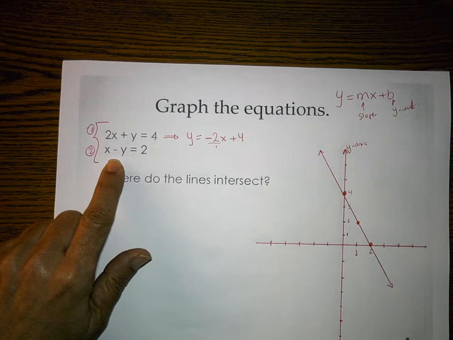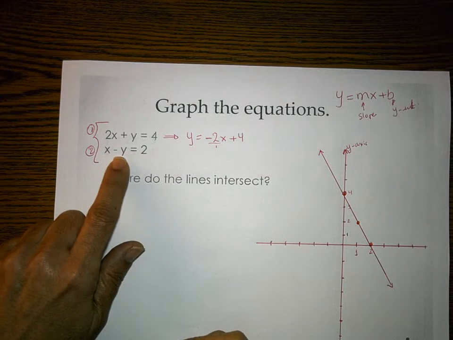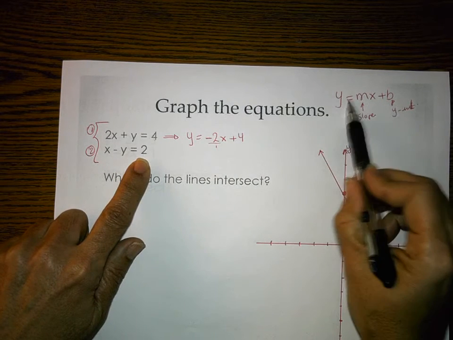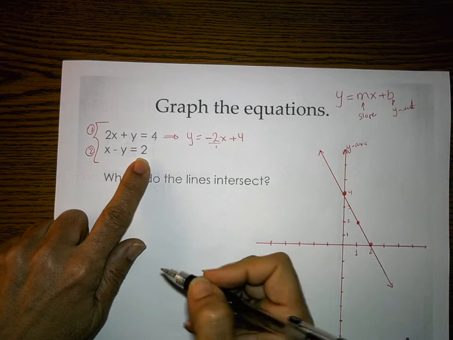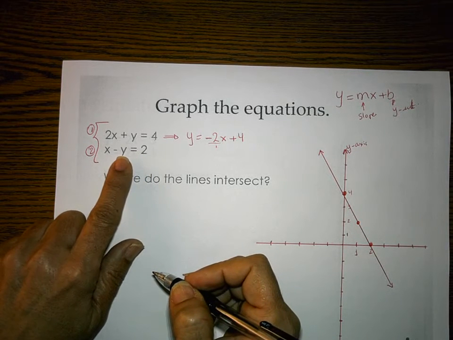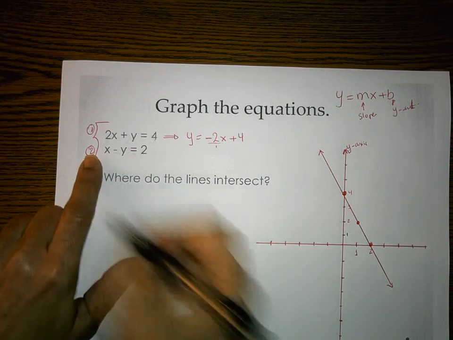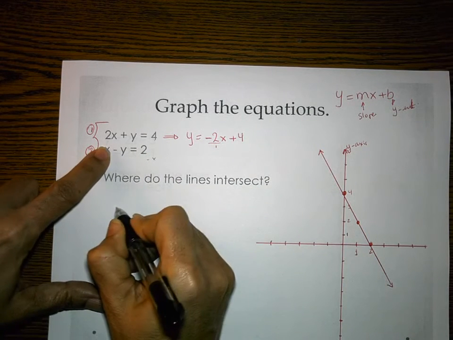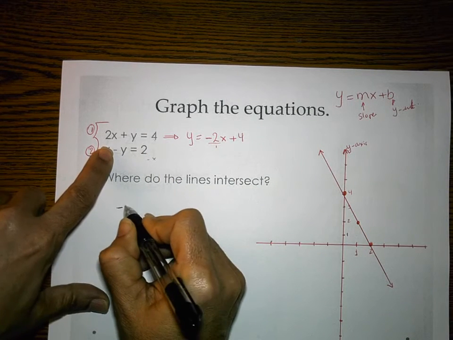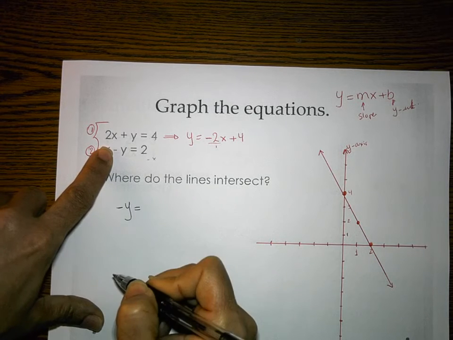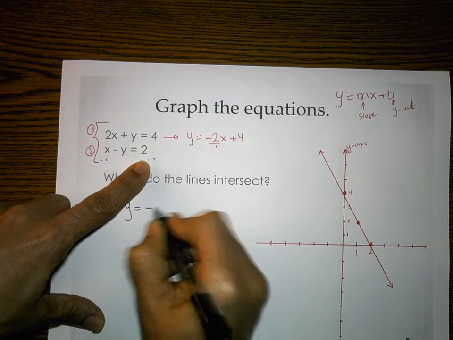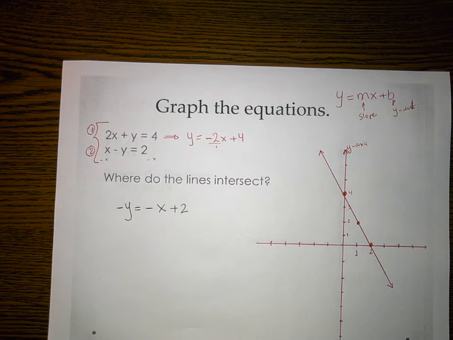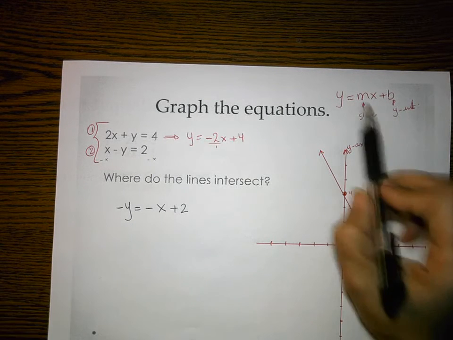Line number 2 says x minus y equals 2. If you want to put it in the y equals mx plus b form, I'm okay with it, meaning the y has to be by itself. So I'm going to subtract the x to this other side. It's going to be negative, because the negative belongs to the y. Negative y equals, I subtracted the x, and I already had a positive 2 in there. The y has to be by itself, remember?